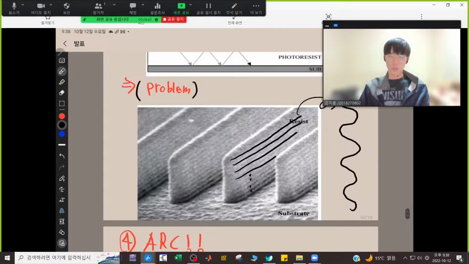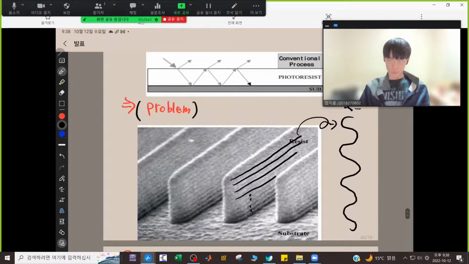If you see this picture, in the positive photoresist, if constructive interference occurs, then the photon wave is bigger than we expected. So a curved pattern occurs in this photoresist after lithography.